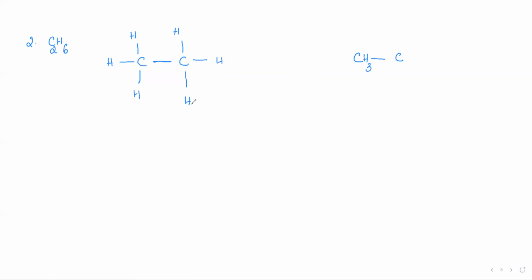Second carbon also contains three hydrogens, so once again, CH3. CH3 single bond CH3. Two carbons are there, so eth, single bond between carbons, ane, put them together, ethane. So the second member of the alkane homologous series is ethane.